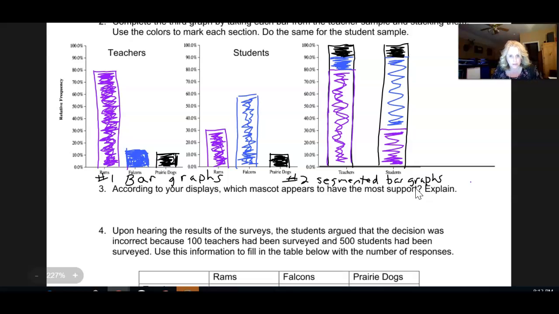You'll agree with that as you look at that? Okay. So as we look at this, we're going to go with the Rams. Because if you look, there's 80% here and 30% here. And so it does look like maybe the Rams are taking the cake here.